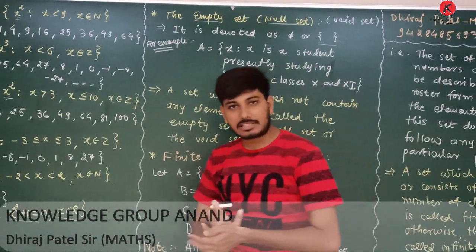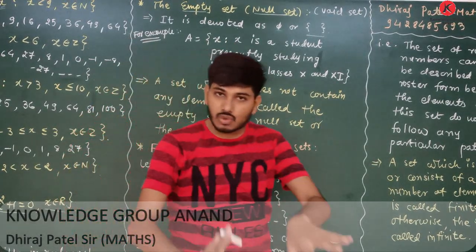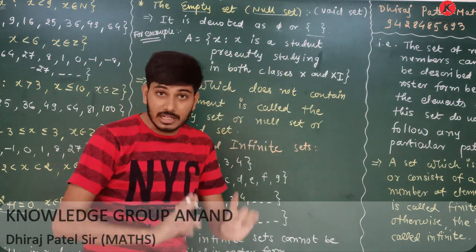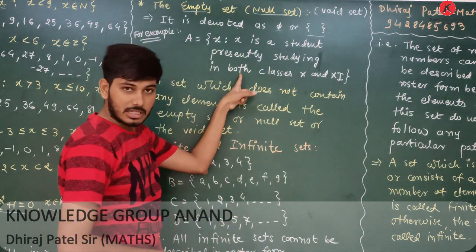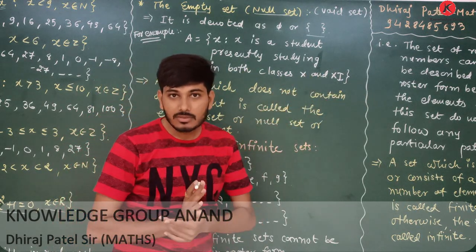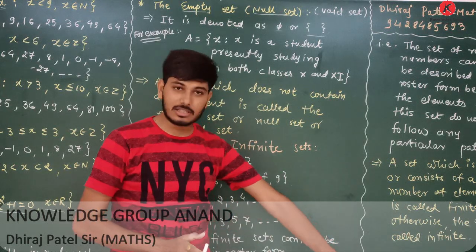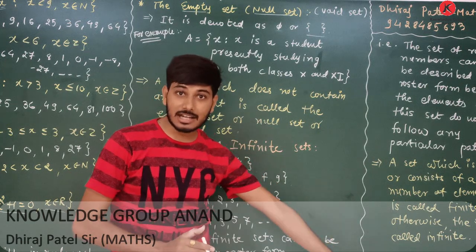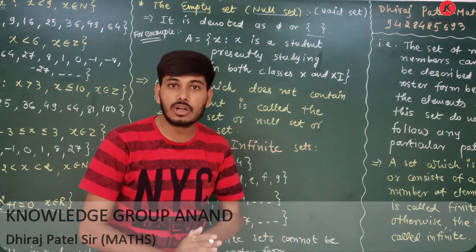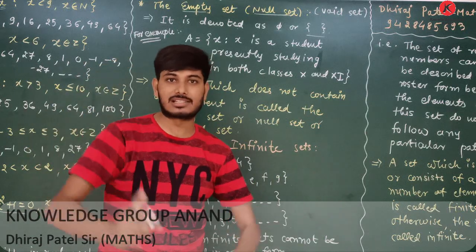Now I am taking an example. Suppose I take x such that x is a student presently studying in both classes 10 and 11. Is it possible for any student to be in class 10 as well as in class 11? No, this is not possible. No student is studying in both classes.